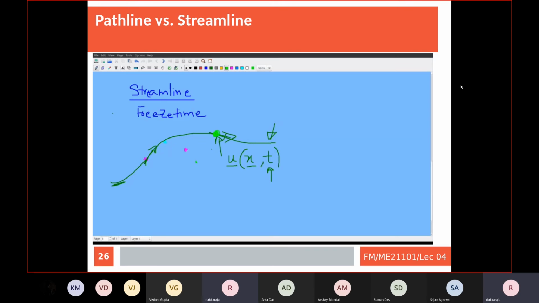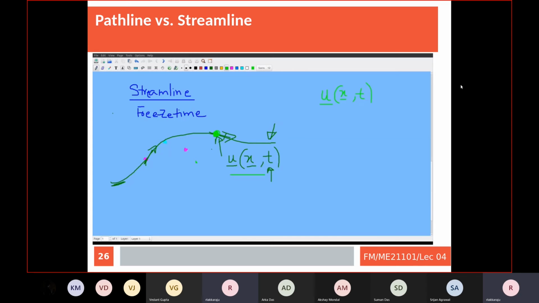When you are freezing, there must be some fluid particle whose velocity is supposed to match with what you measure on the laboratory frame or on the Eulerian field. So typically for the Eulerian velocity field, we represent u as a function of x comma t, immaterial of which fluid particle you are measuring.